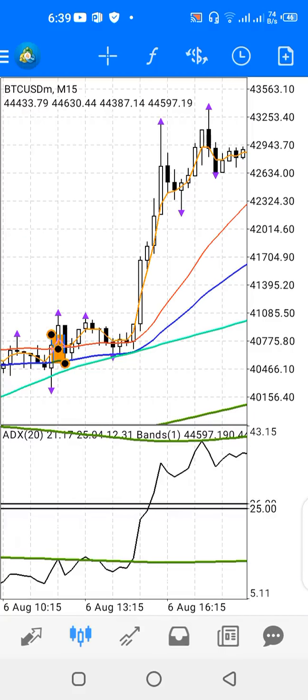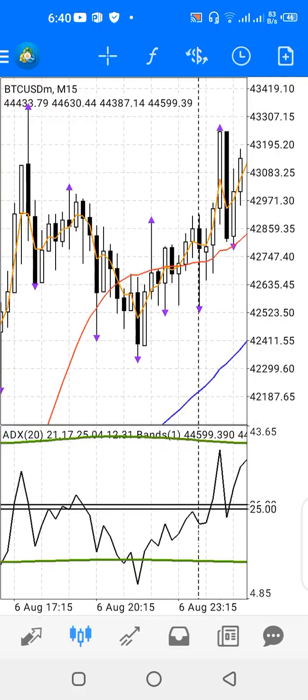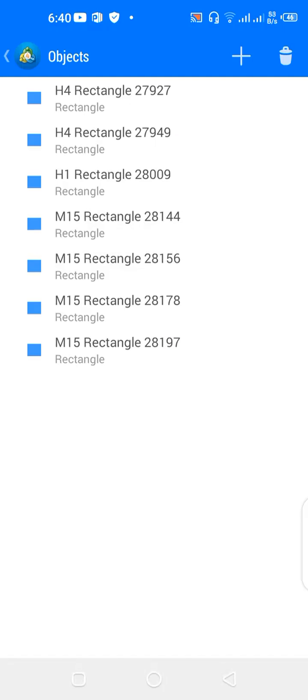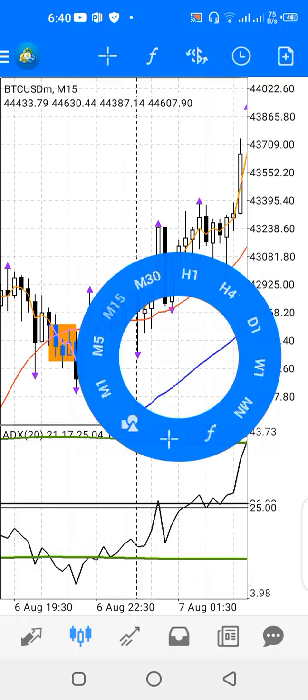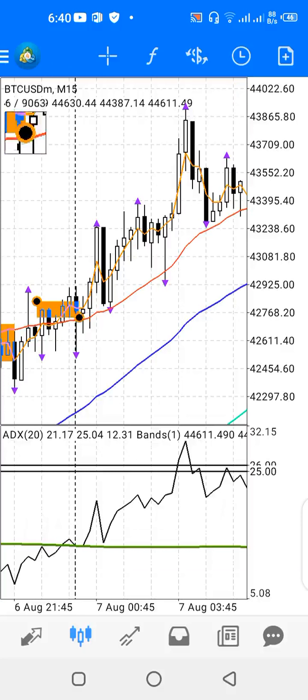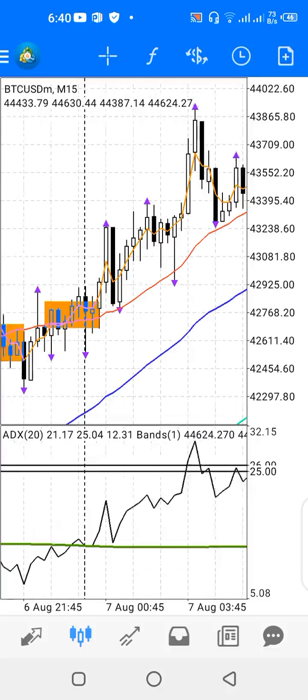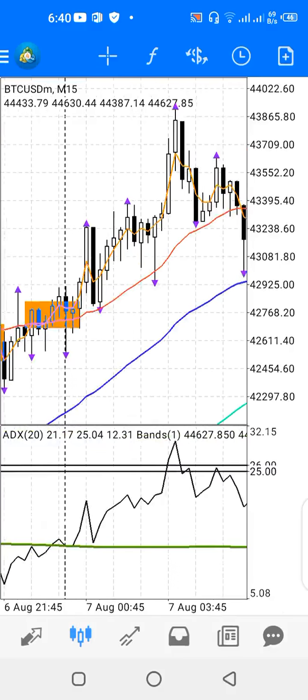So in as much as price breaks out on a 15 minutes time frame above the red line, you can always buy. Of course, you apply caution around here when price dipped below the red line, and then you can enter the buy trade at this point where you have a close of price on the 15 minutes time frame above the red line.